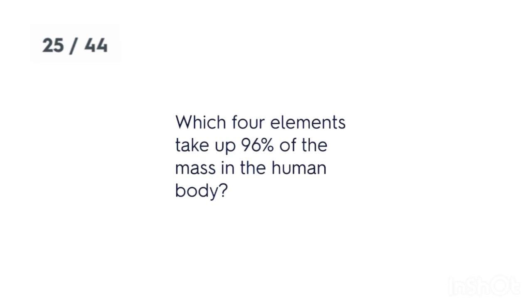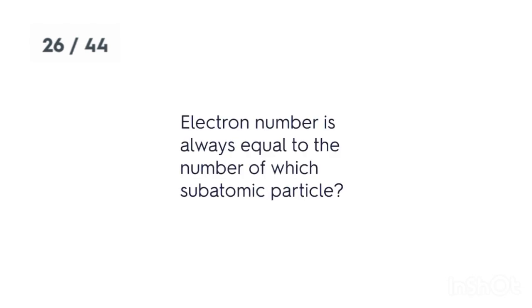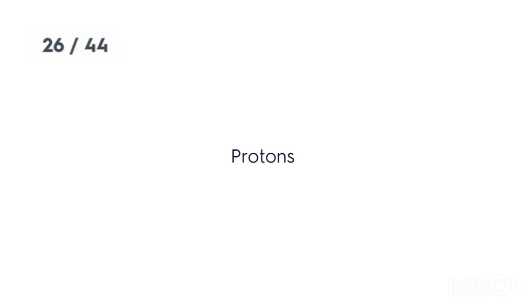Which 4 elements take up 96% of the mass in the human body? Hydrogen, carbon, nitrogen, oxygen. Electron number is always equal to the number of which subatomic particle? Protons.